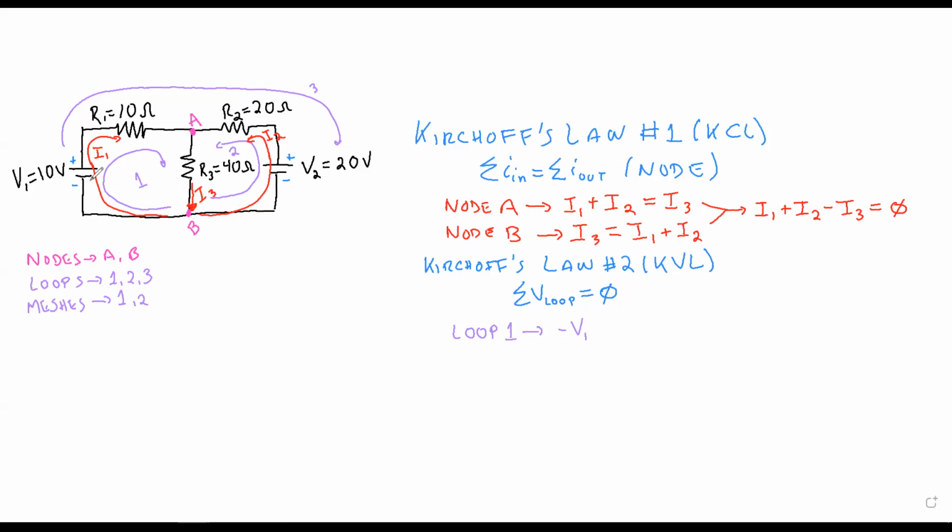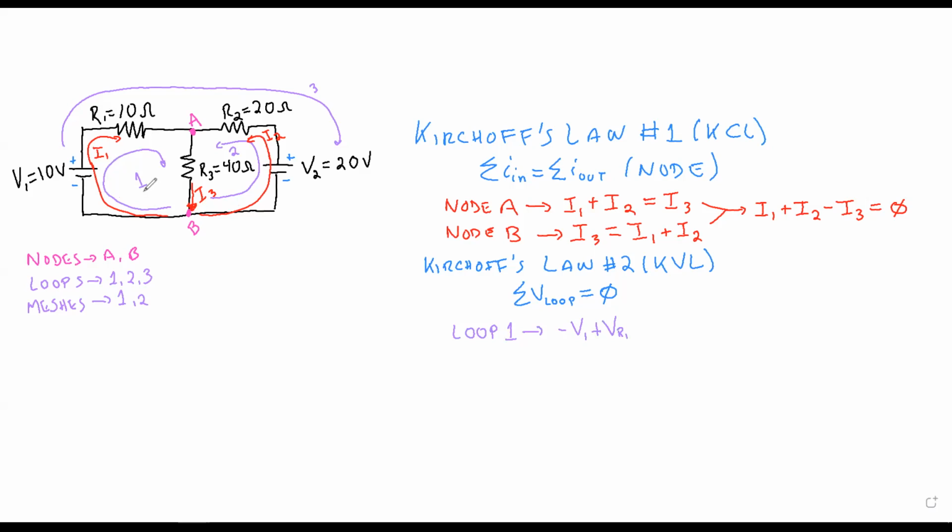Minus V1. What's the next thing I find? Plus the resistor. Now, there's no polarity in the resistor, so by default I'm going to think it's positive. I'm just going to write down voltage of resistor 1. How do we know there's no polarity?